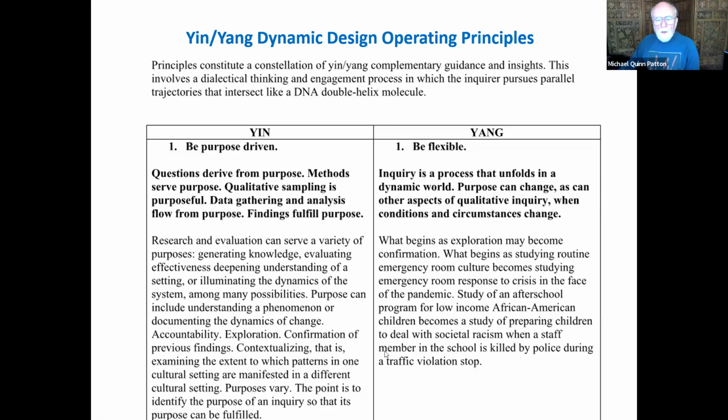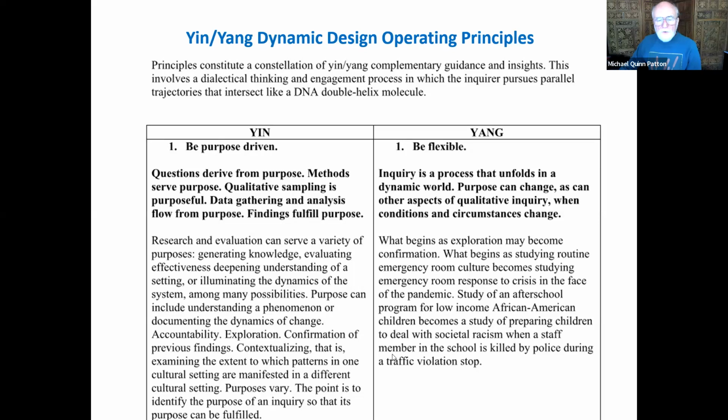And so an example of this would be that in our evaluation, we have to be purpose-driven. Everything we do flows from purpose, intended use, why we're doing the evaluation. Questions derive from purpose, methods serve purpose, qualitative sampling is purposeful, data gathering and analysis flow from purpose, findings fulfill purpose.